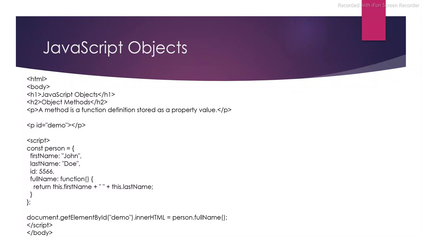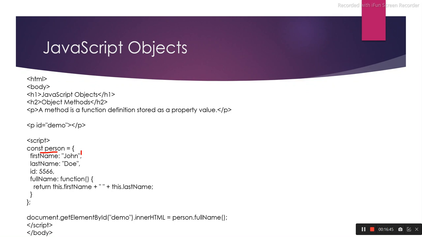So this is my simple example which will show you an object created that is called person. It is made as a constant: const person equals.